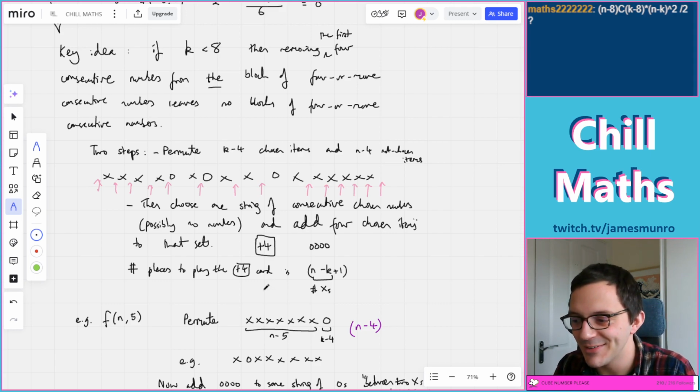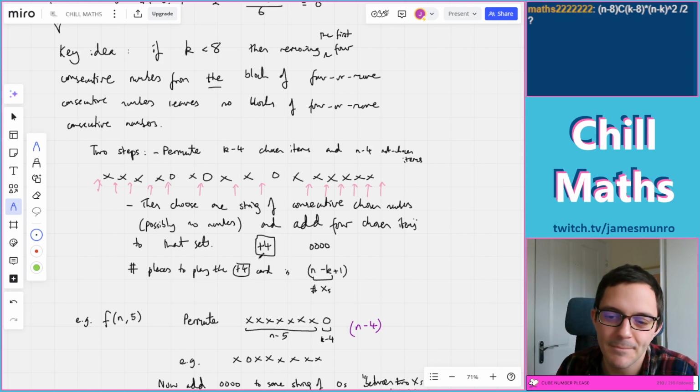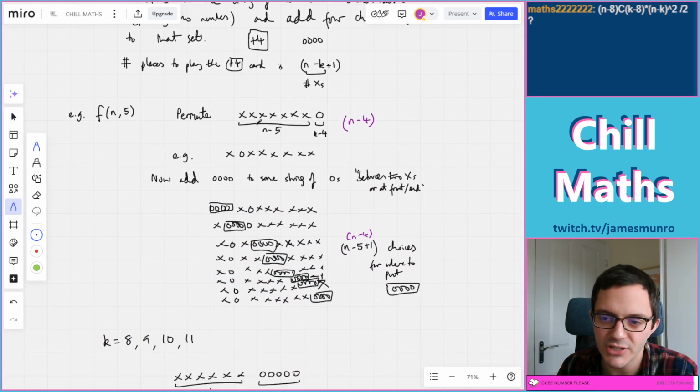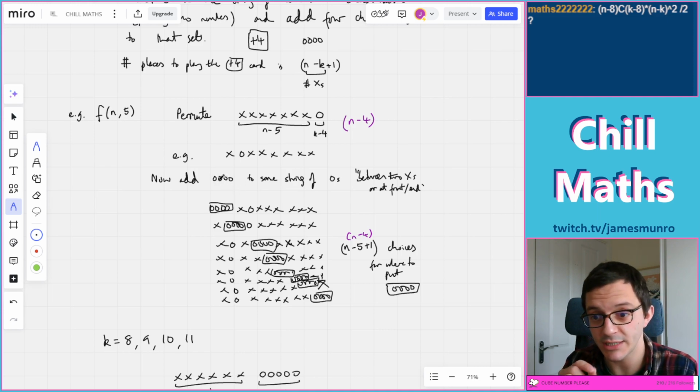Yeah, here we go. People are now doing the k-8 thing. This is pretty good. It works for k less than 8. You imagine that you're permuting all of the crosses and k-4 selections, and then adding 4 selections to the start of a string.